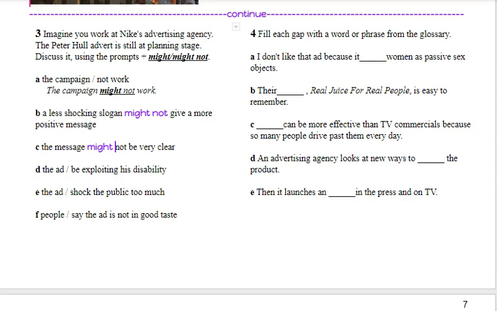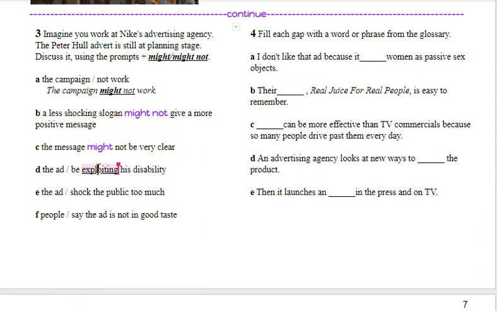Yes. Okay. So letter D, the ad blank be exploiting his disability. Okay, what do you mean by the word exploiting? Exploiting, like improving? Or no? Like use.